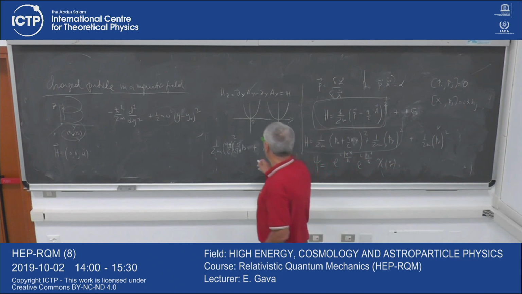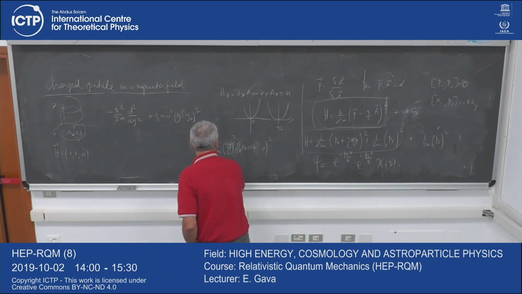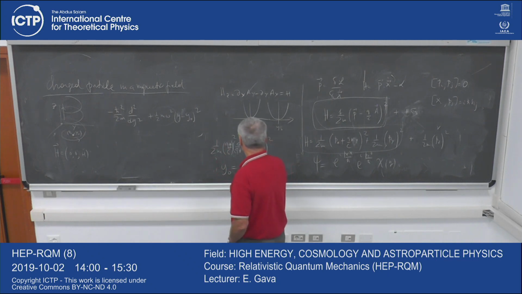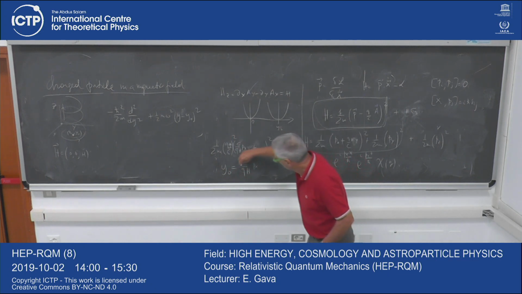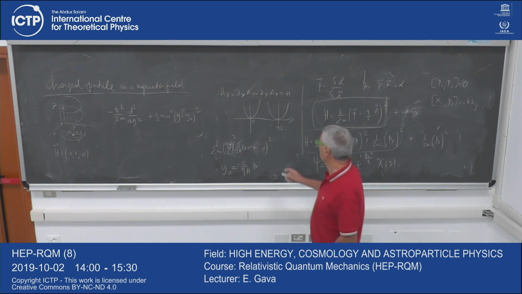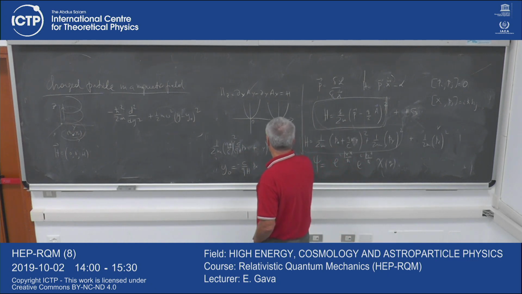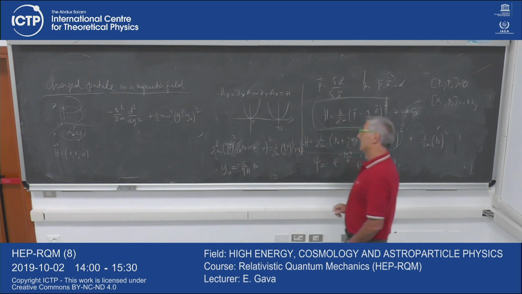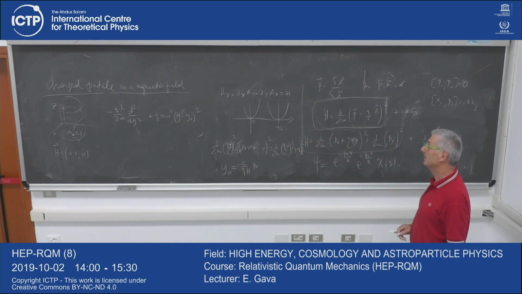And then I call y naught this thing here, c over qh px, minus... So this becomes 1 over 2m (qh over c) whole square (y minus y naught) square, right?